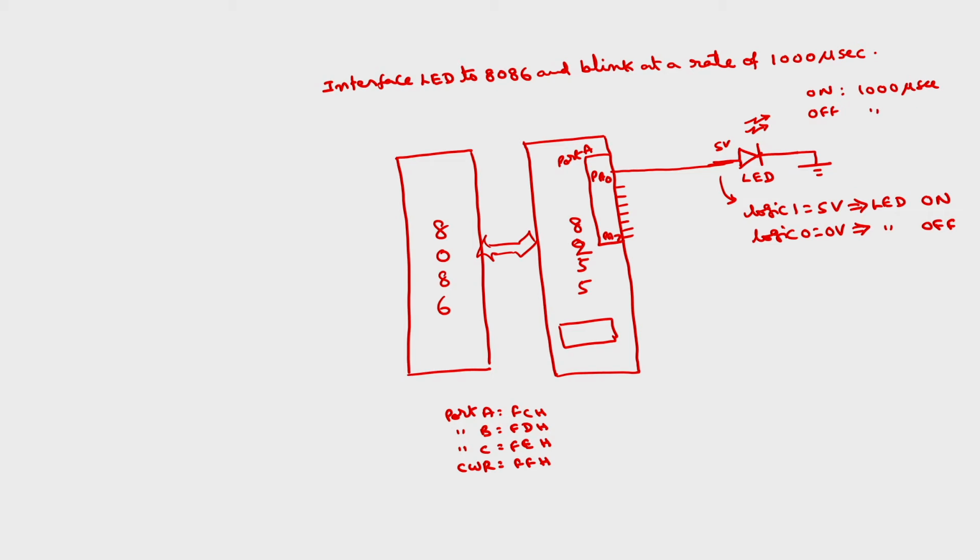For that, the very first step in order to connect any input output device is to set this control register to meet the requirements. So what is the requirement here? Out of the 3 ports we are using port A only, but in port A also I am using a single bit, so you can use bit set reset mode also. And if you want to use IO mode, you have to set this port A as output port.